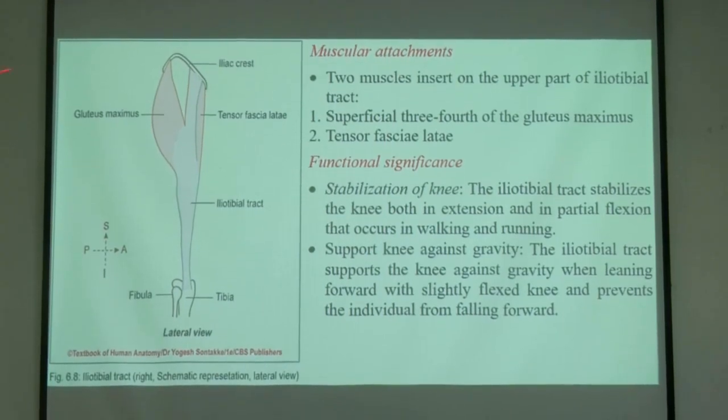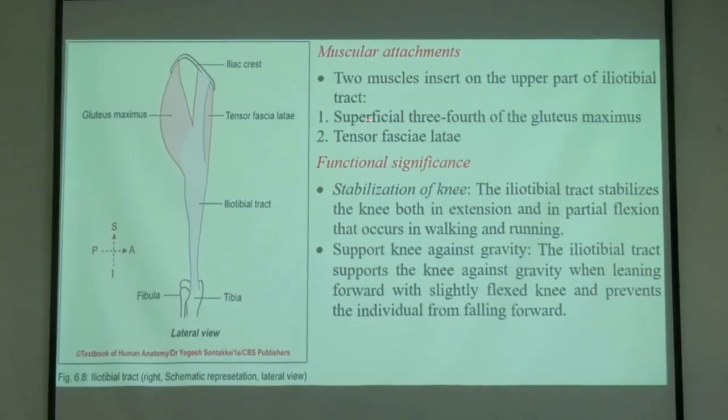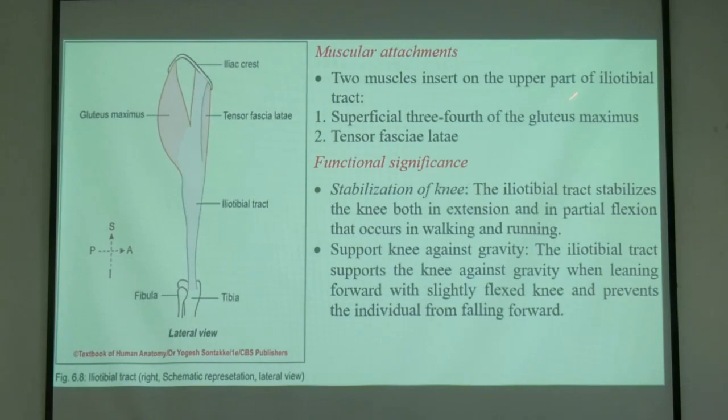Now, regarding muscular attachment, two muscles insert on the iliotibial tract: the superficial three-fourths of the gluteus maximus and tensor fasciae latae. These two insert into the iliotibial tract. See, here is the tensor fasciae latae, here is the gluteus maximus. Now, what is the functional significance of this iliotibial tract?